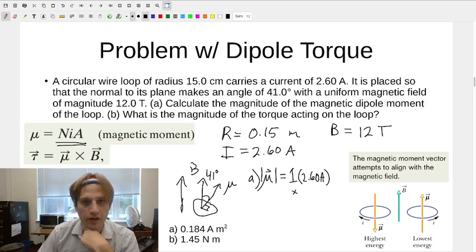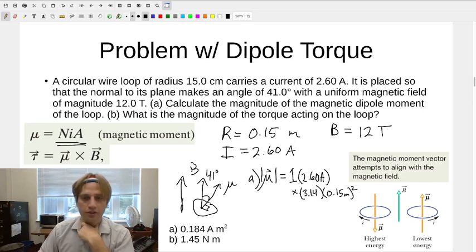If its radius is 15 centimeters, area is pi r squared. So pi, right around 3.14, times 0.15 meters squared. Put that in your calculator, 2.60 times 3.14 times 0.15 times 0.15, and you should get something right around 0.184 amps times meters squared.